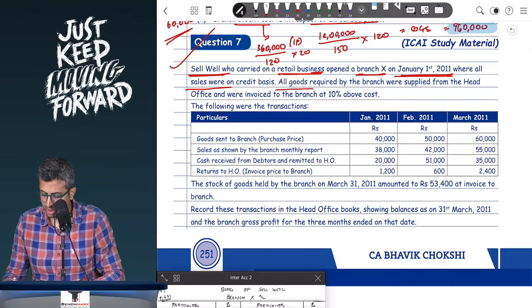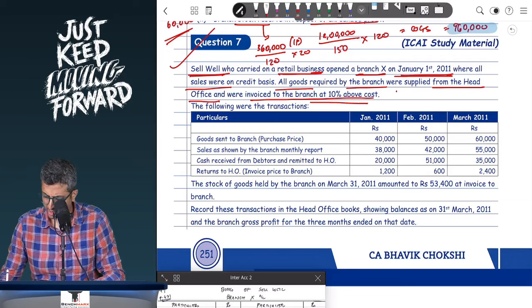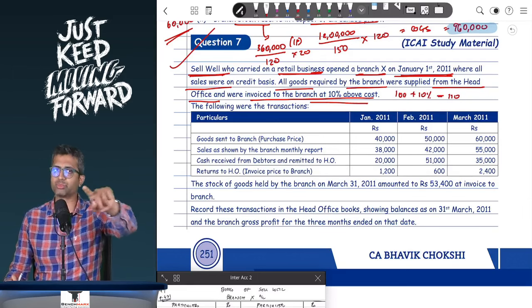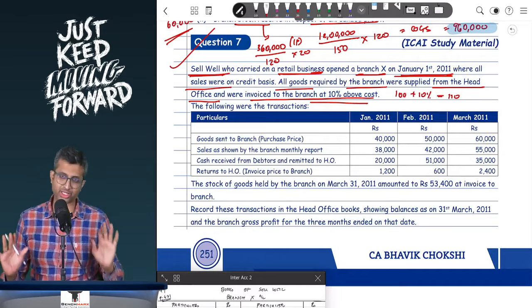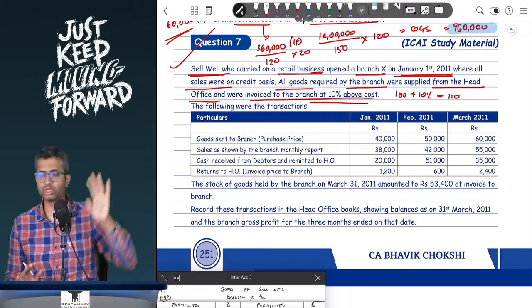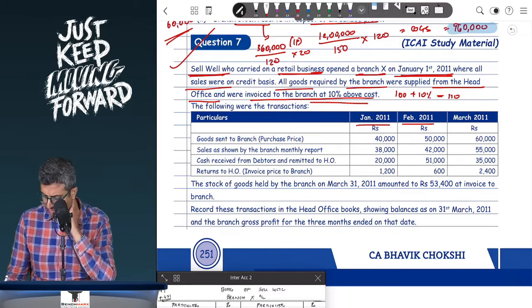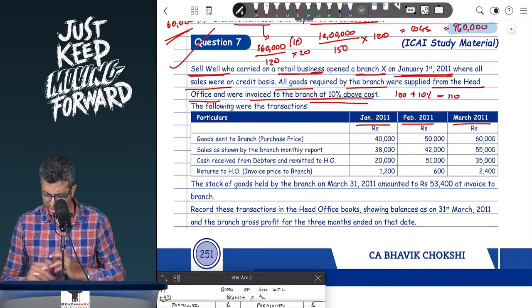All the goods required by the branch were supplied from the head office and were invoiced to the branch at 10% above cost, which means a 100 item being sold at 110. Is there a separate wholesale invoice price and a retail price given? Not as of now, and hence you don't need to follow the wholesale method. The following were the transactions for January, February and March. We are looking at 3 months of transactions.